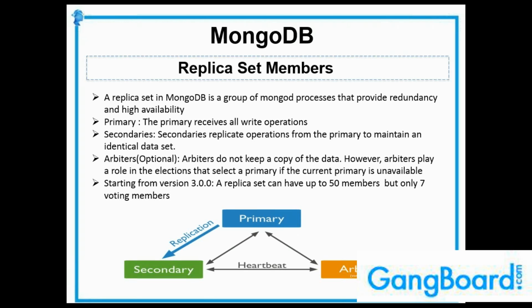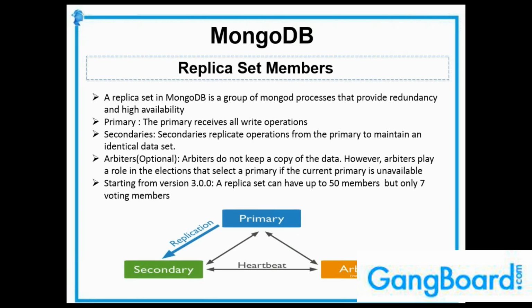Even if the primary goes down, the secondary will become a primary, and later on we can add one more secondary if we need. Later on, if you fix the primary, then it will automatically become a secondary. If the primary goes down, after some time you fix the issue and start the instance, it will become a secondary, because already one node became a primary.